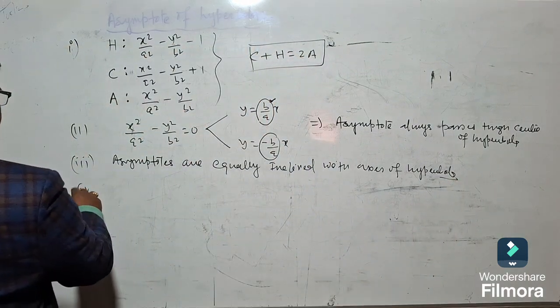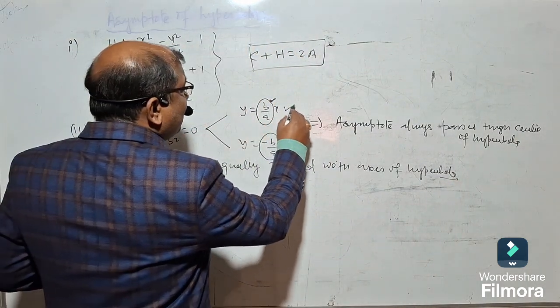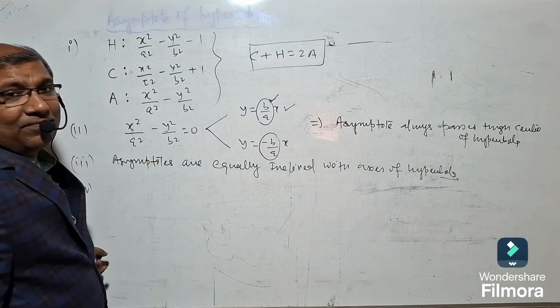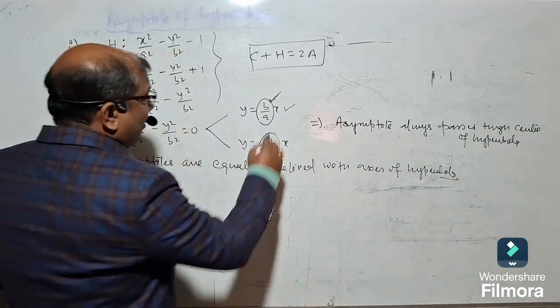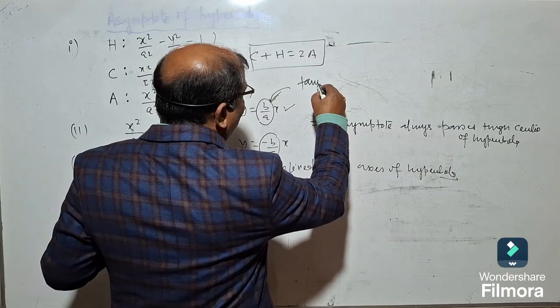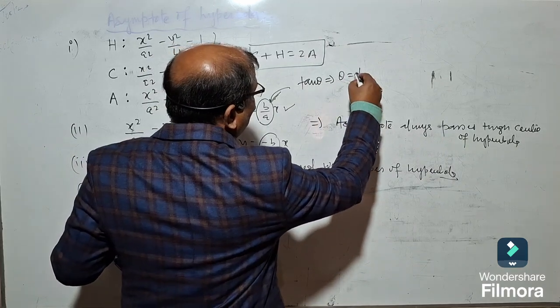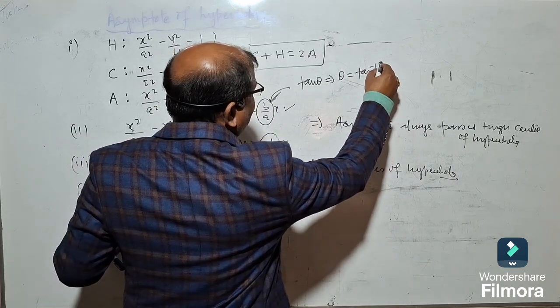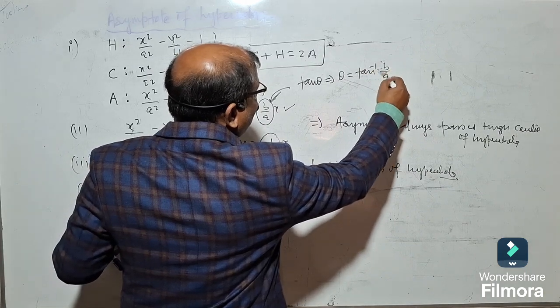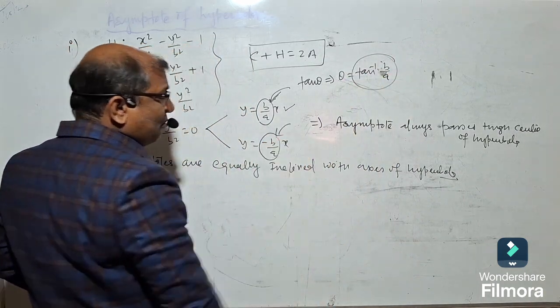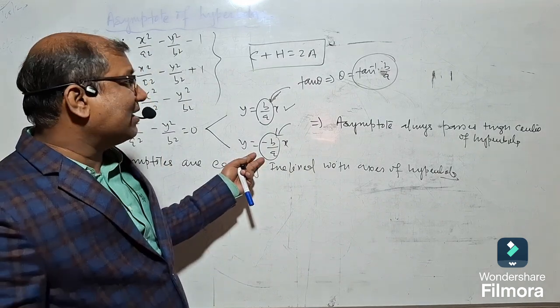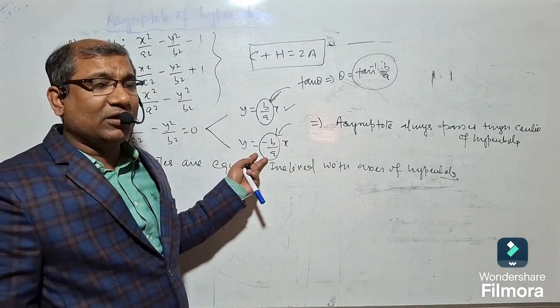Now fourth point is, suppose this asymptote is making an angle theta with the x-axis in an anti-clockwise direction, then this will be the value of tan theta, and hence theta will be equal to tan inverse b by a. The same angle in magnitude this asymptote will also make with the x-axis but in clockwise direction.